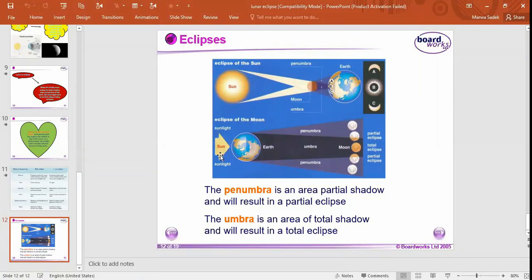But when the sun, the earth, and the moon are on one straight line and the earth is in the middle, in this case, this is called lunar eclipse.